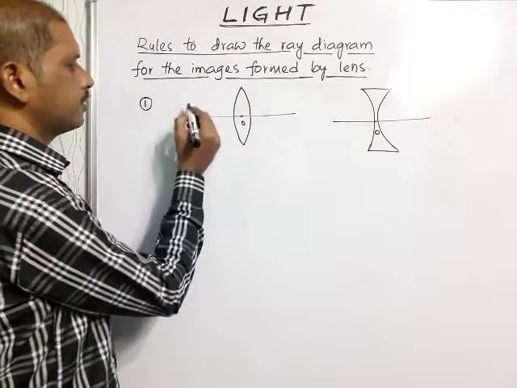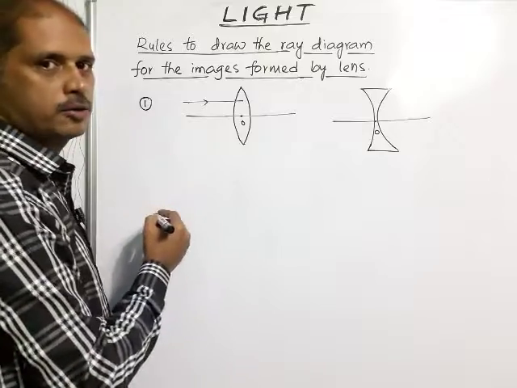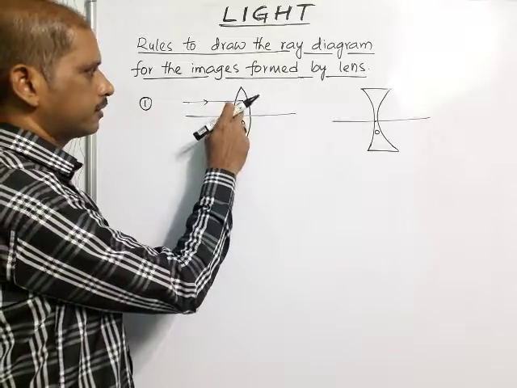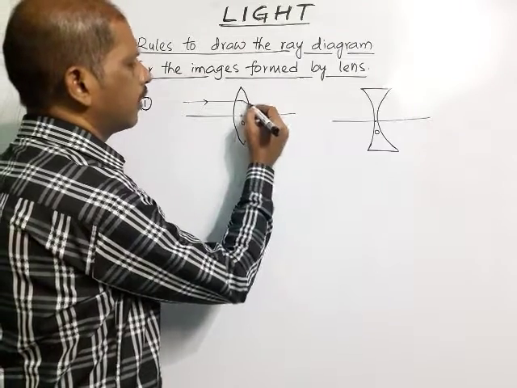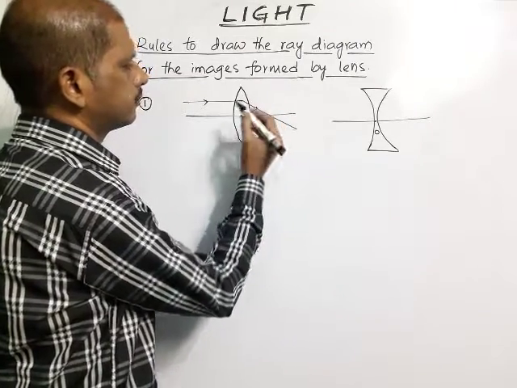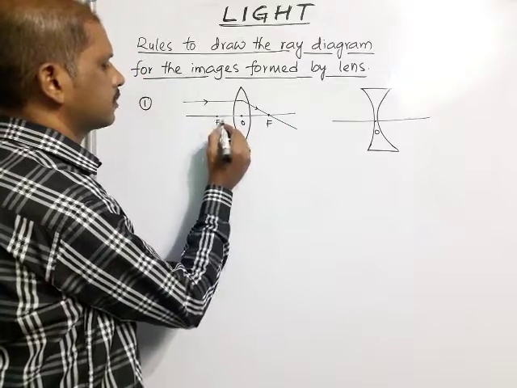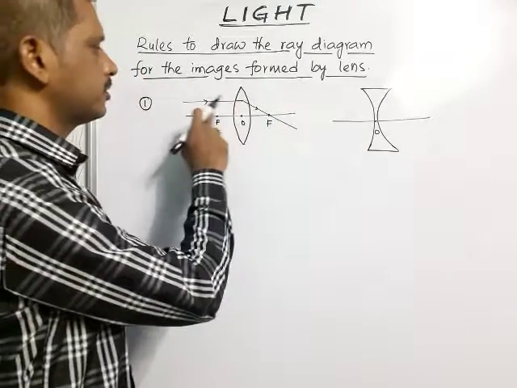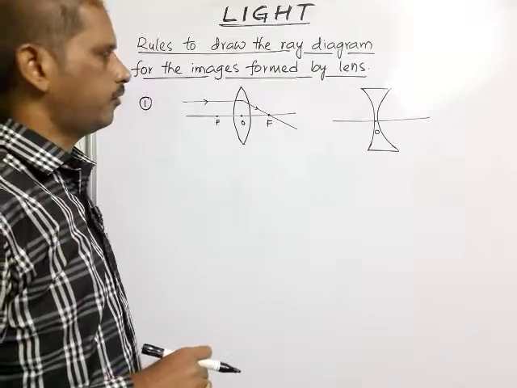Now a light ray passing parallel to the principal axis, when it enters into the refracting surface, it can converge like this through the focus. Here also one focus will be there. So a light ray passing parallel to the principal axis, after refraction passes through the focus.